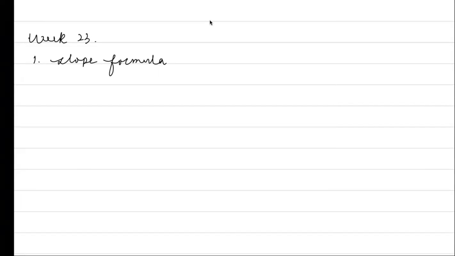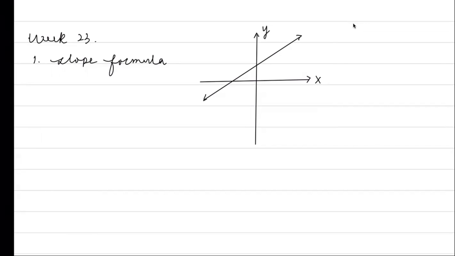The slope formula says if we have 2 points on a straight line, any 2 points, so this is the x-axis and this is the y-axis, and this is our straight line.